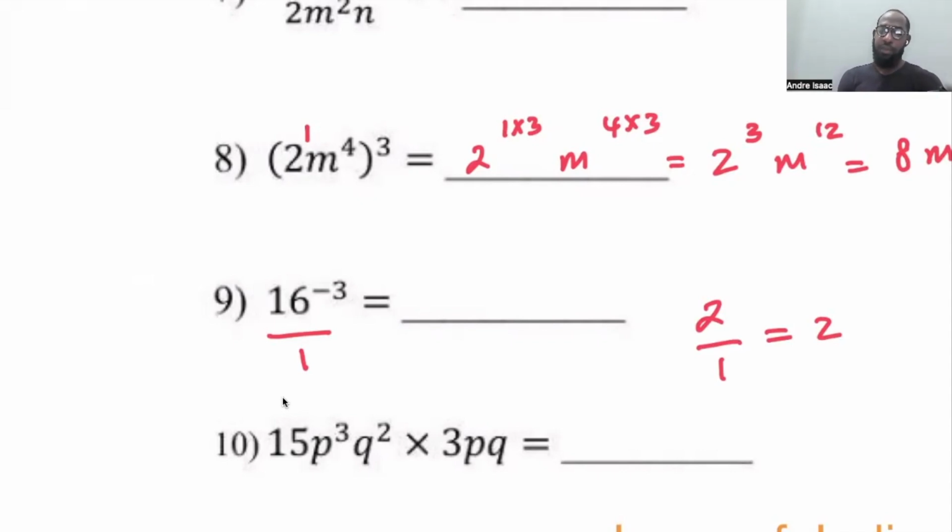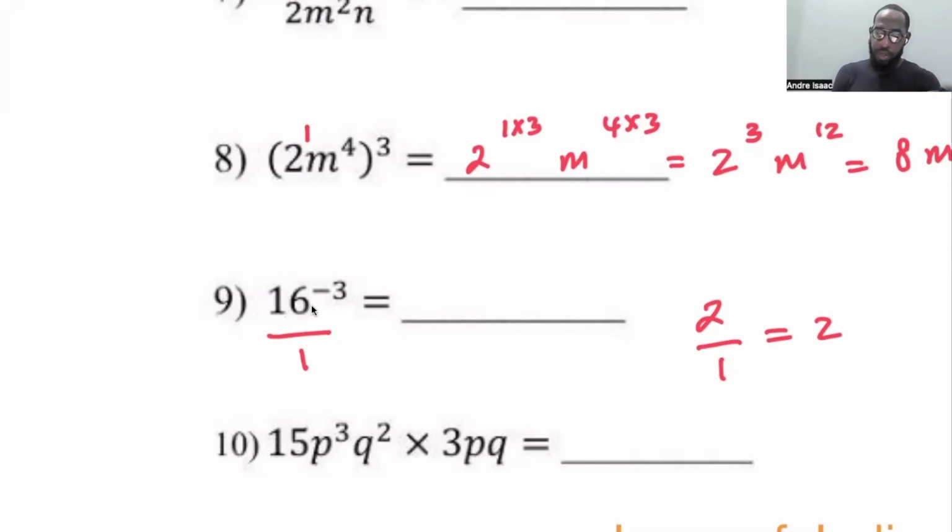But why did I do that? This is the numerator, this is the denominator. The negative 3 suggests, in my opinion, that it's not really the original position of the number. The original position is supposed to be positive. So if this is the numerator and this is negative 3, it's really supposed to be at the bottom, the denominator.